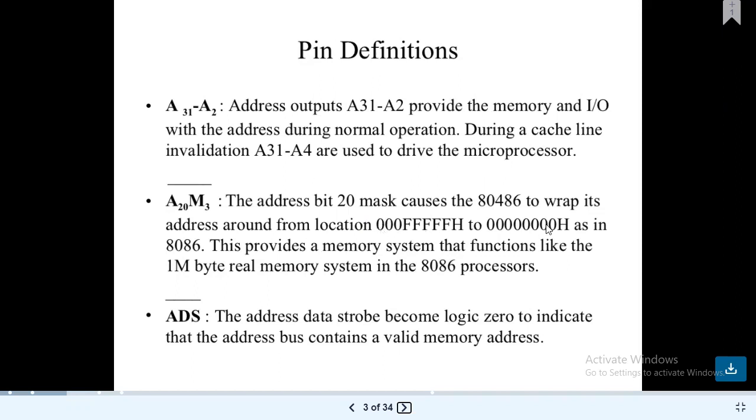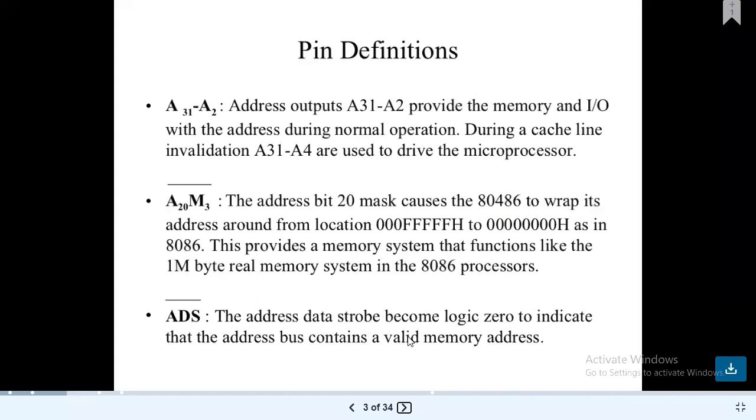this is the one location, memory address is given from 00000 to FFFFFH. That much memory in the 8086 is usable in the 80486, and this provides a memory system that functions like the 8086 memory. Here the A20M# indicates the real memory system of the 8086 processor.